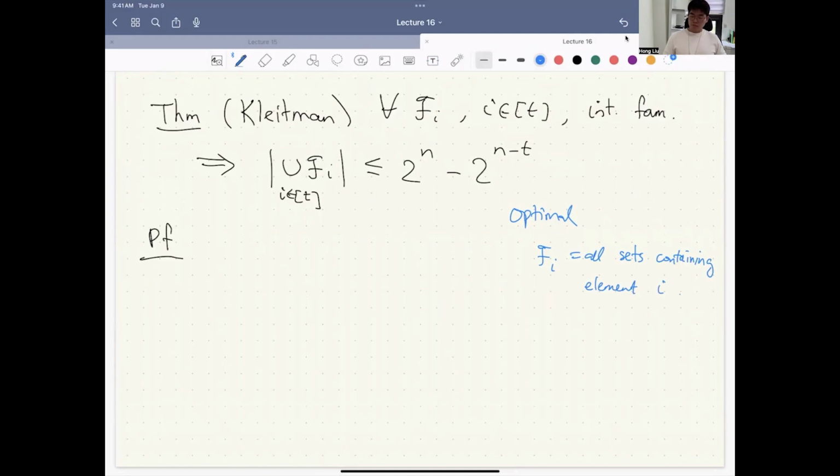Obviously, this is intersecting, each one of which has size 2 to the n minus 1. And what's not in the union? A set that does not contain any elements from 1 to t. Such sets number 2 to the n minus t.